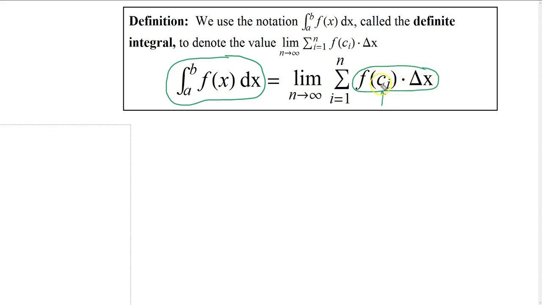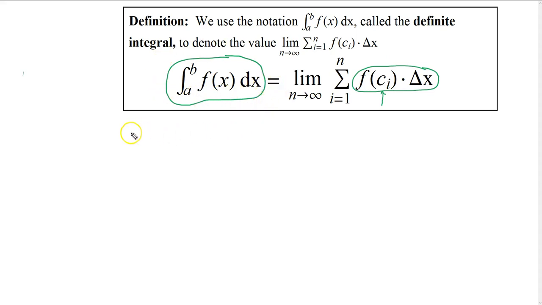And it doesn't matter where we pick the ci values in each subinterval, in the limit as n goes to infinity, this quantity will approach a common value. And that is as long as our function is a continuous function. And we denote that number using this notation.